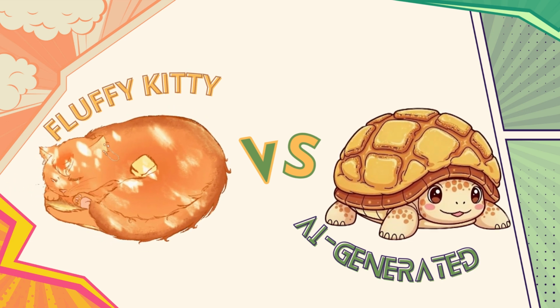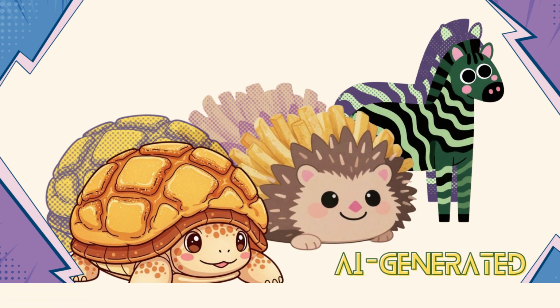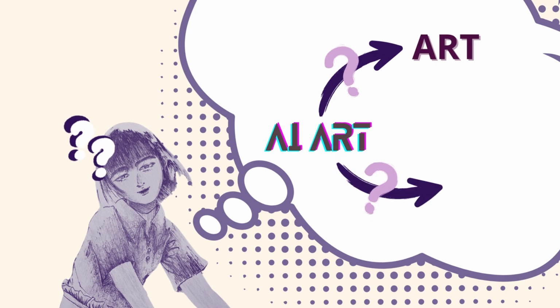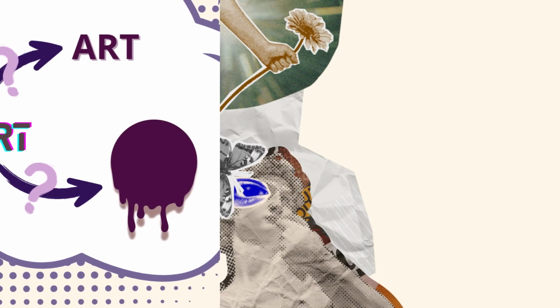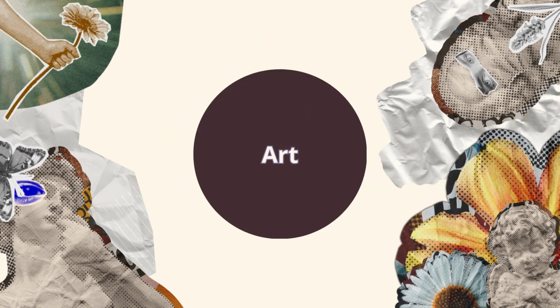While AI art generators simplify the preparation of teaching materials for educators, I also raise significant concerns from a creator's perspective. An essential question arises: is AI art truly art, or is it merely a melting pot of existing creative works? The uniqueness, creativity, and skill are essential to art.